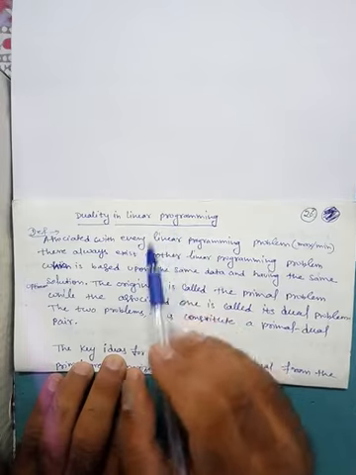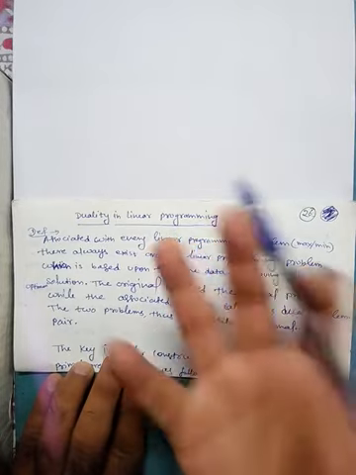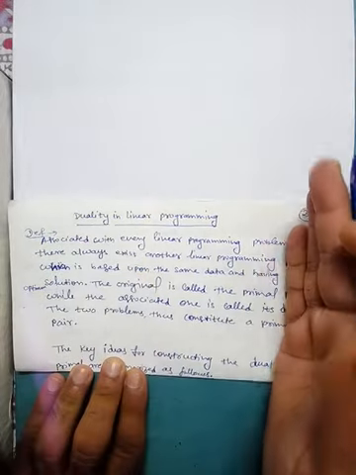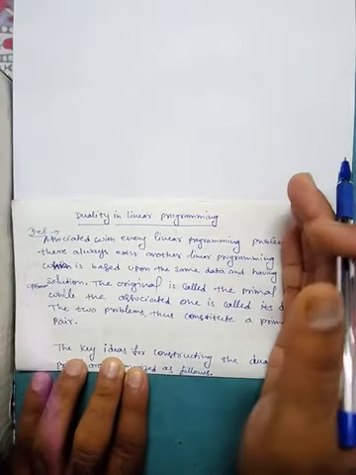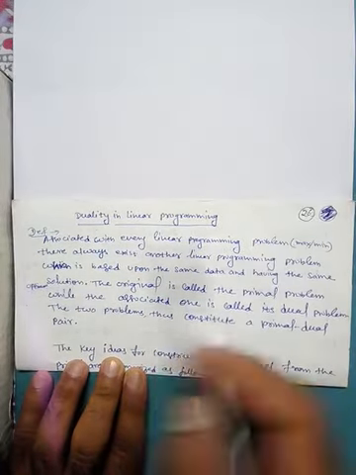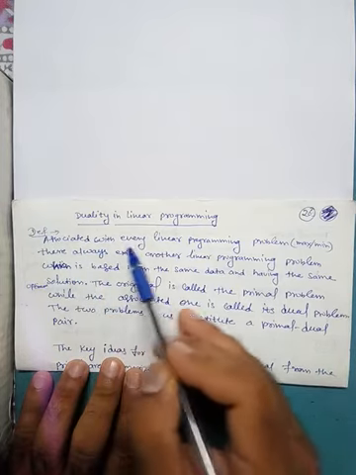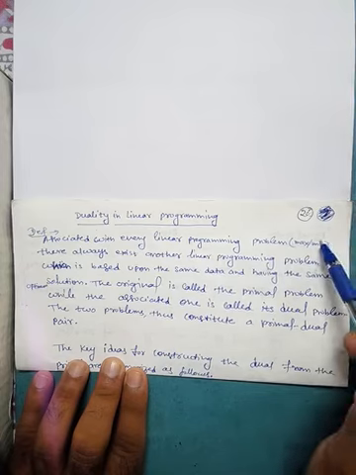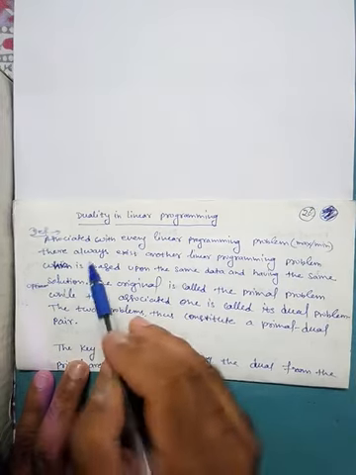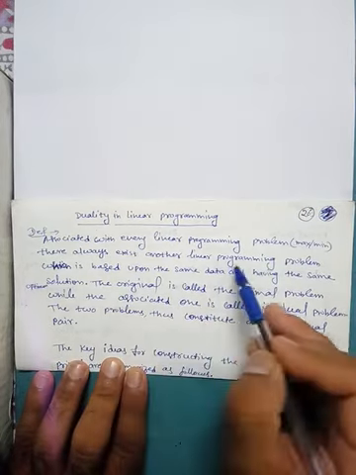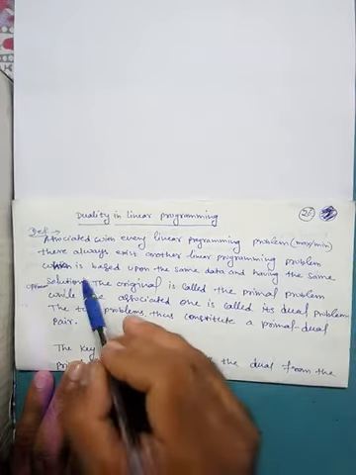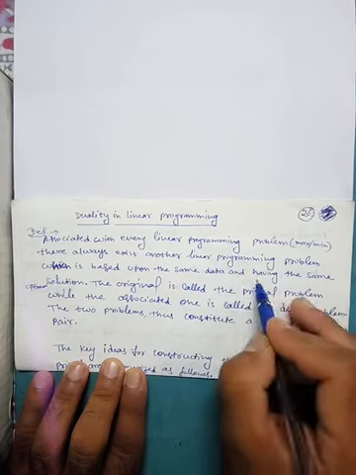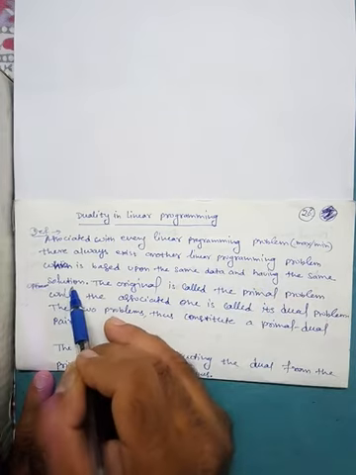So in this process, first we will discuss what is duality. Second thing, how we can convert the given problem into a dual problem. So this is the task. First of all, what is duality? Associated with every linear programming problem, either maximization or minimization, there always exists another linear programming problem which is based upon the same data and having the same optimum solution.